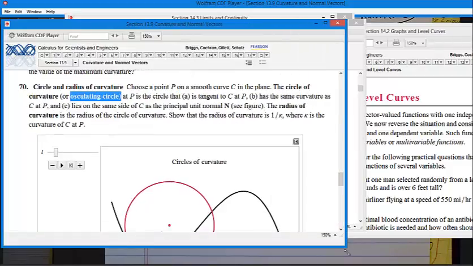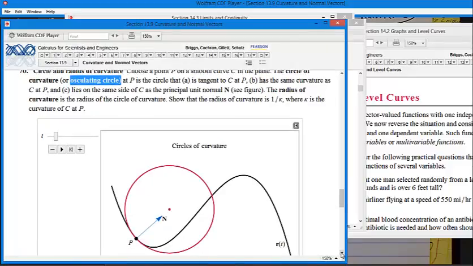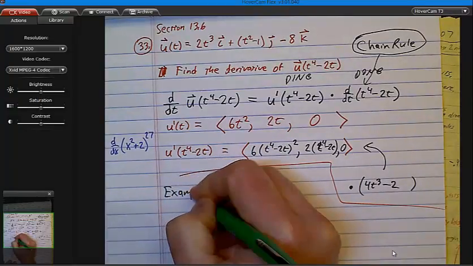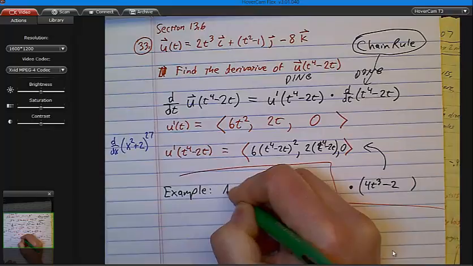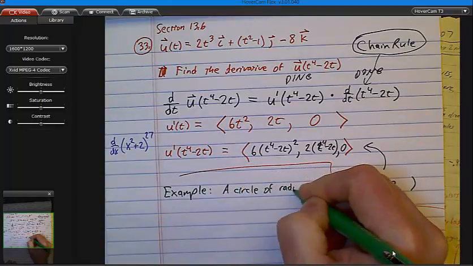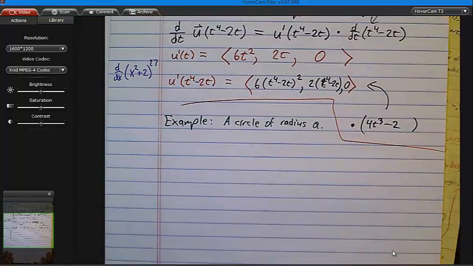So suppose you have a circle in the plane and you want to compute the curvature, right? Let me go ahead and do that. Let's take a circle. My example is, suppose I have a circle of radius a.